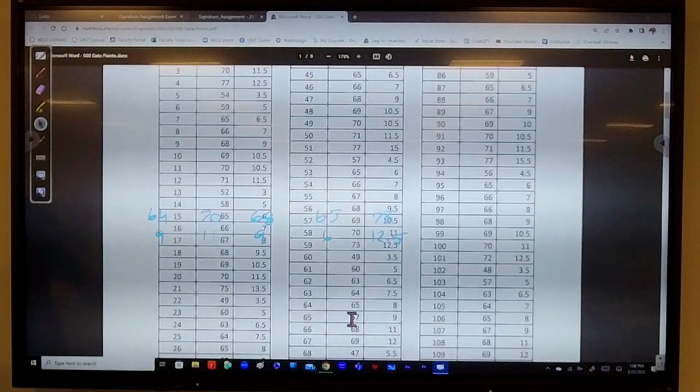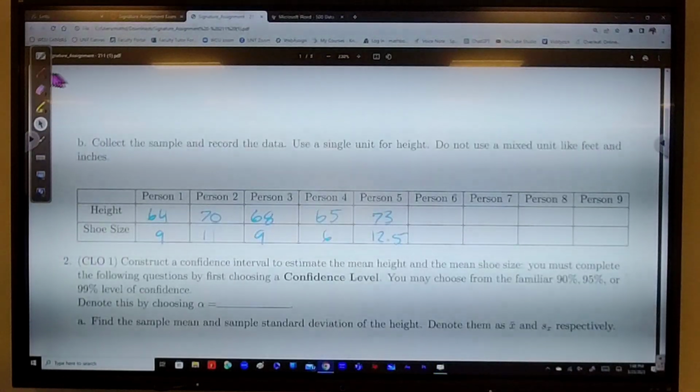And then plus 6 is 65, so it's 67 and 9.